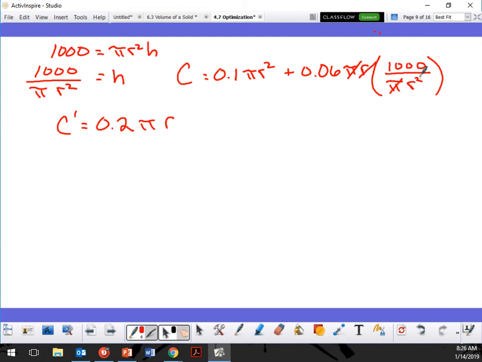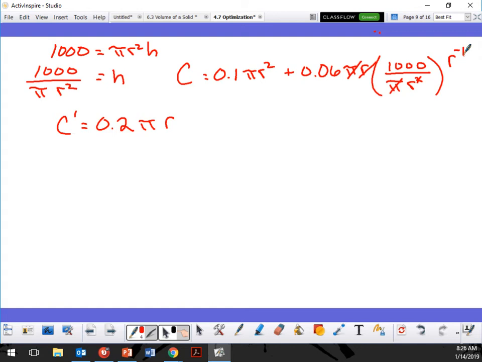Cancel out one of my r's, and is this the same as saying r to the negative 1? Yes. Because to take the derivative, I want to have r in the numerator, so I bring it down and then subtract 1.